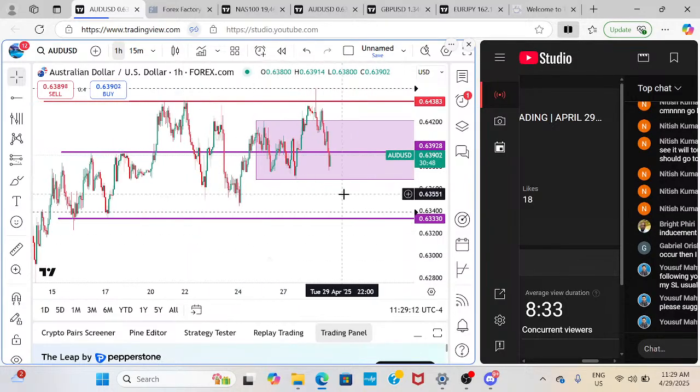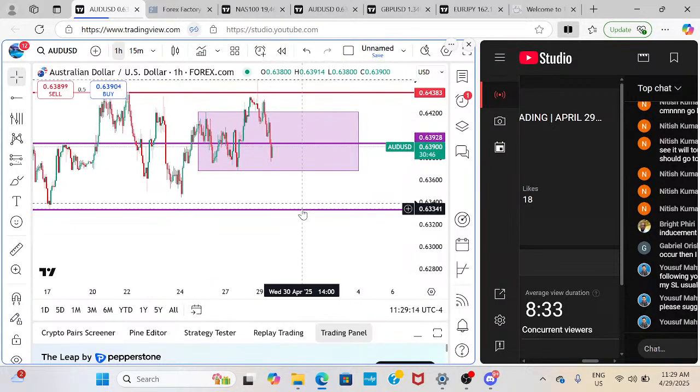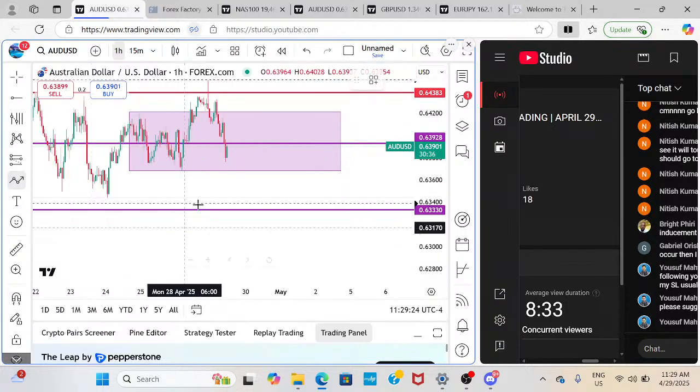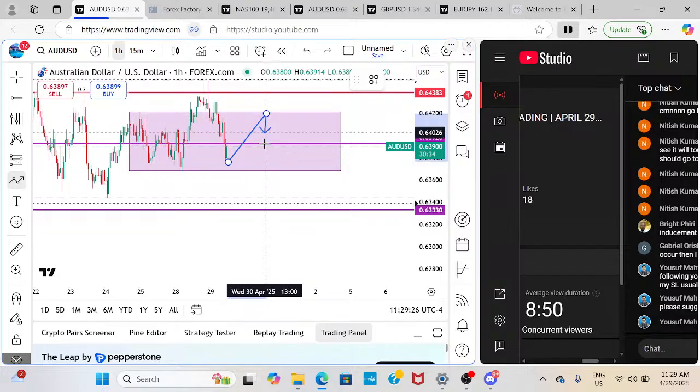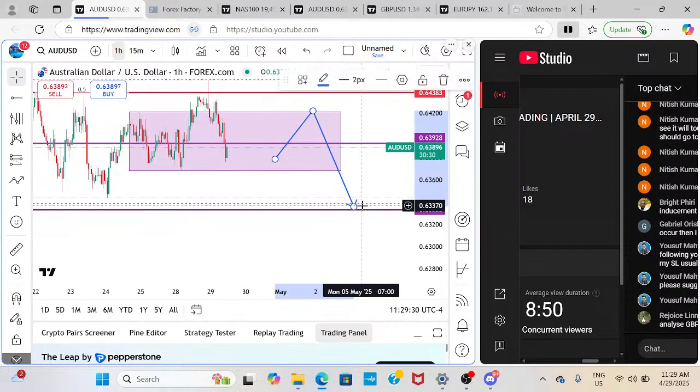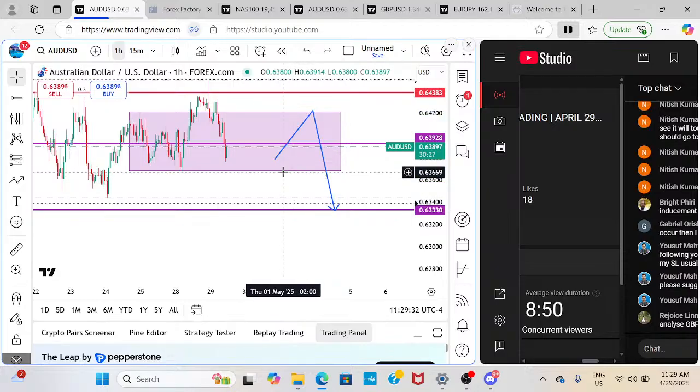And where are we going to sell to? Back down here, 63.33. Okay, so that's the expectation.